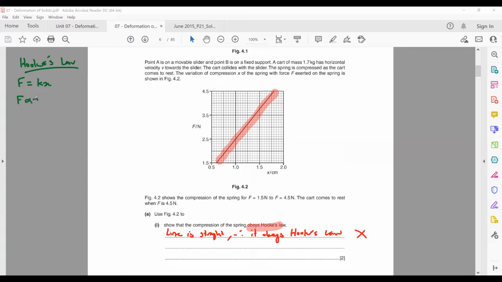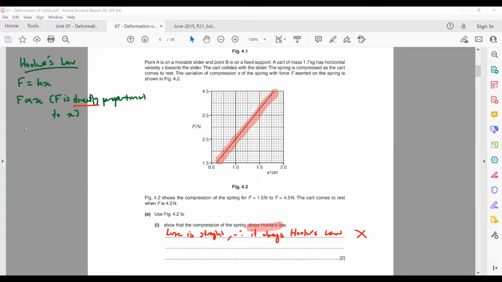F is directly proportional to x. The keyword here is directly proportional.